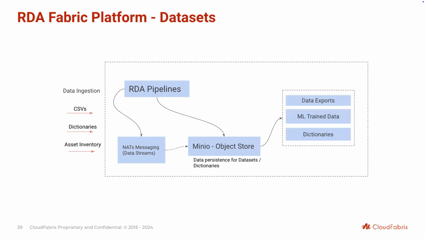This data can be used for enrichment as dictionaries. When used as dictionaries, they are commonly referenced by different RDA pipelines for data enrichment. And if you're using it for ML analysis on the metrics data, all the trained models will be stored within this Minio object service. These data sets can be exported on demand as well.